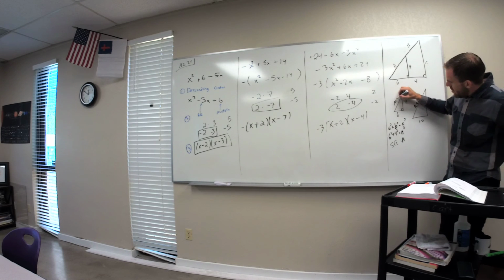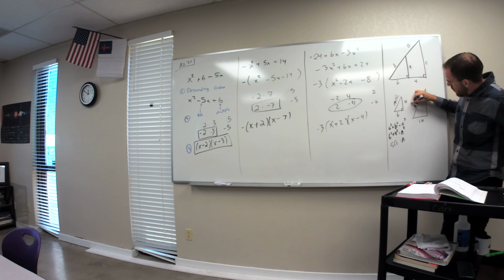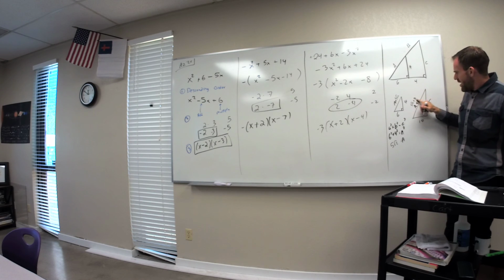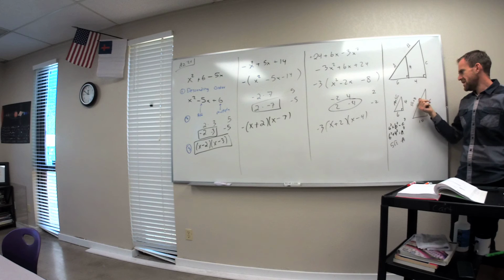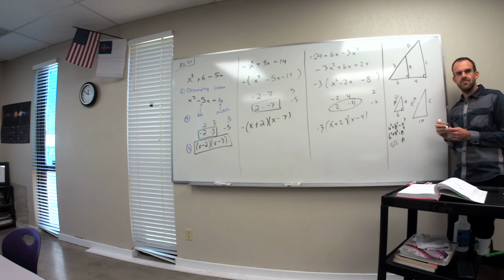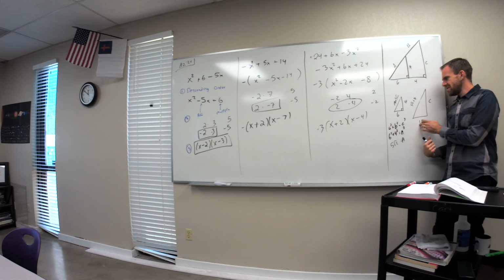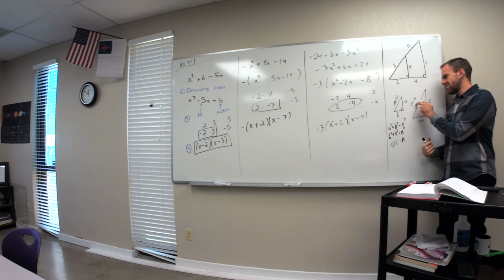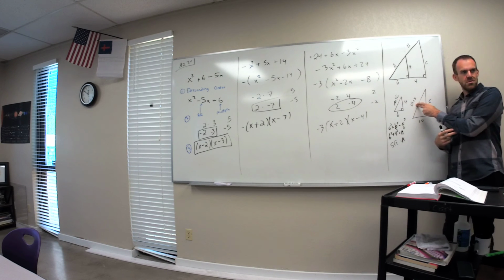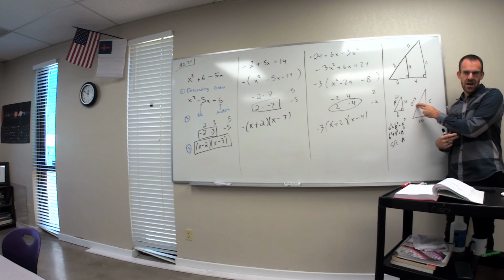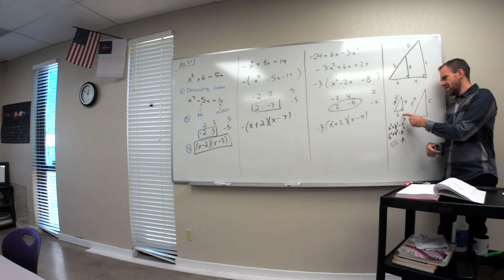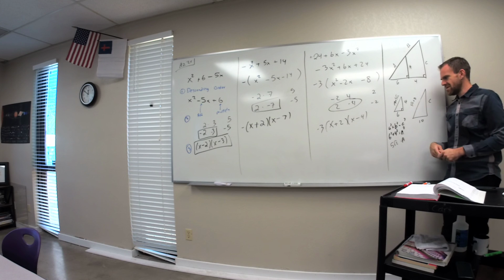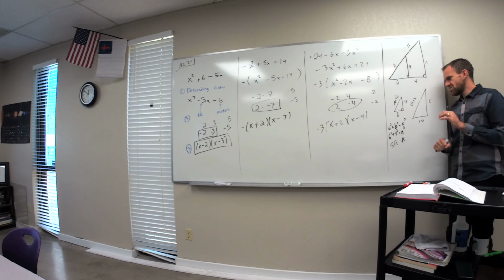Gross? Very gross. From there, can I find b and c? Yes. I'm going to use ratios. So I could do 6 over 10 is 5 square root of 2 over 5 square root of 2 plus b. Is that ugly? Yeah. Solvable? Of course. I could do 6 over 10 is 4 over c. And that is also solvable.